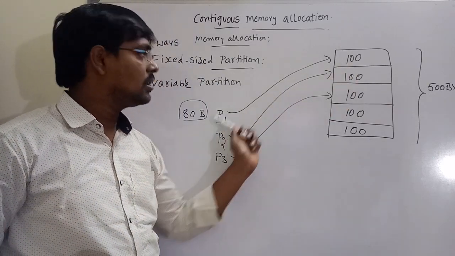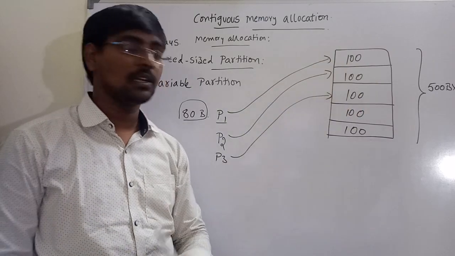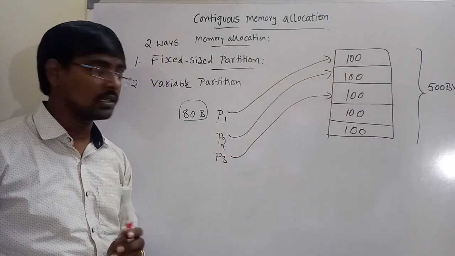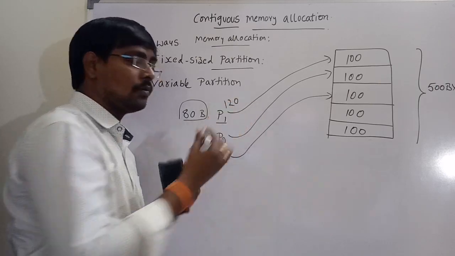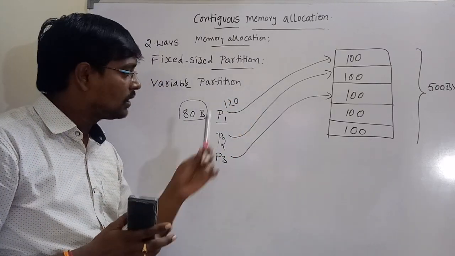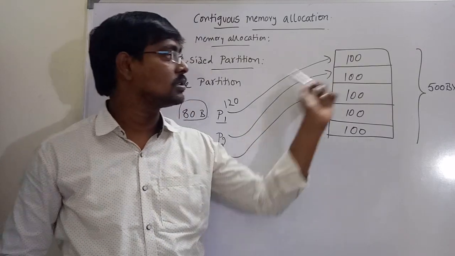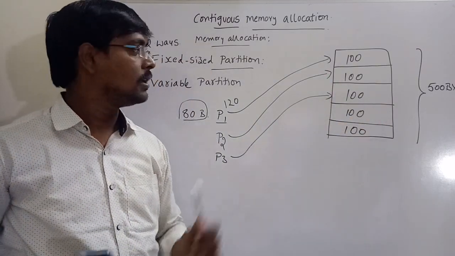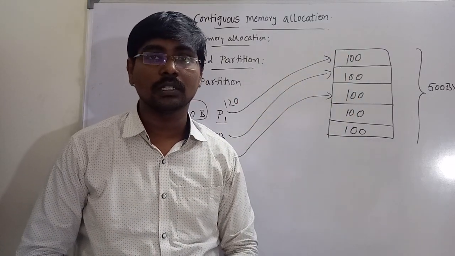Whatever the size, we definitely allocate 100 bytes of memory. If the process size is 120, there is no memory available, so no memory is allocated. This is the way we assign memory to processes.